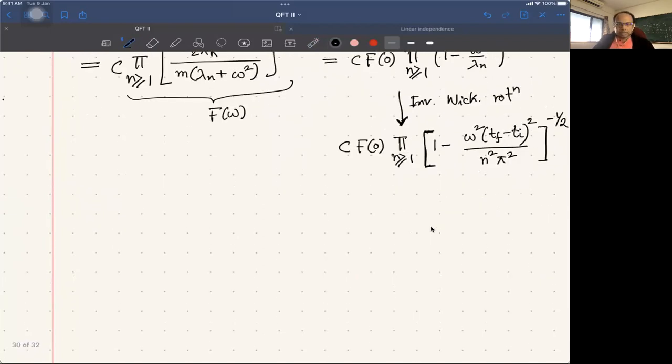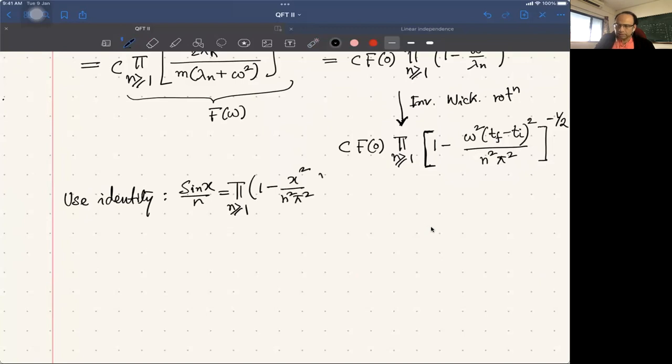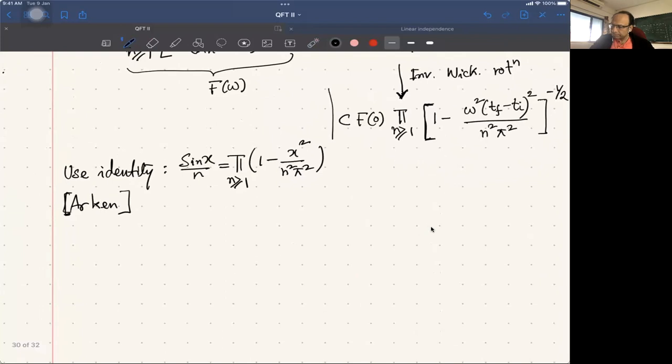Now you can use this identity, that sin x by x is equal to the product over n greater than or equal to 1 of (1 minus x square by n square pi square). You can get it from, for example, the book by Arfken.